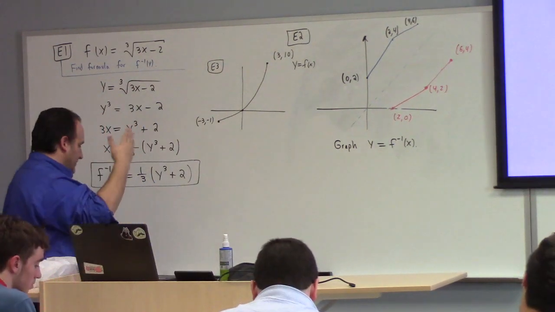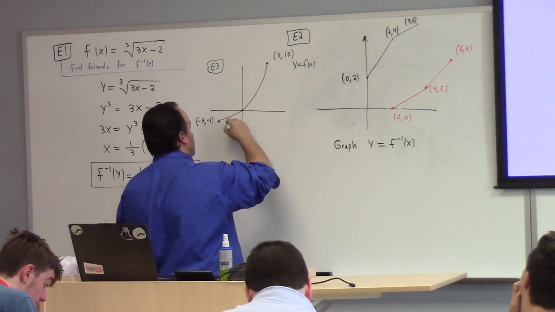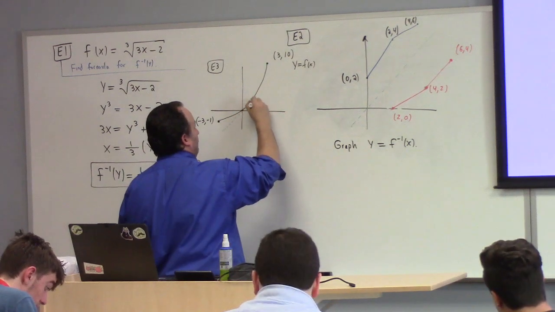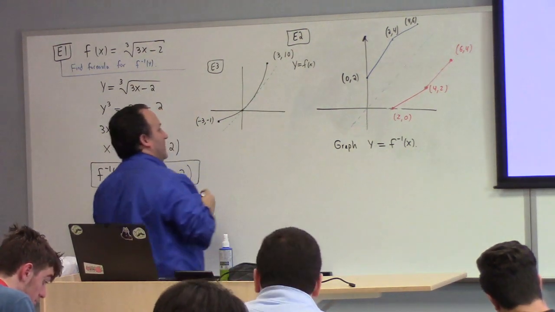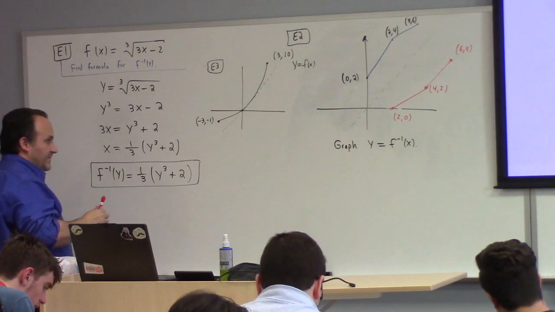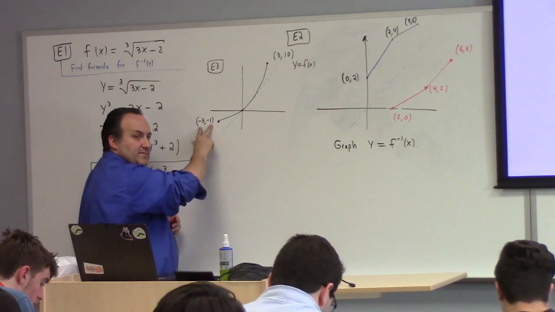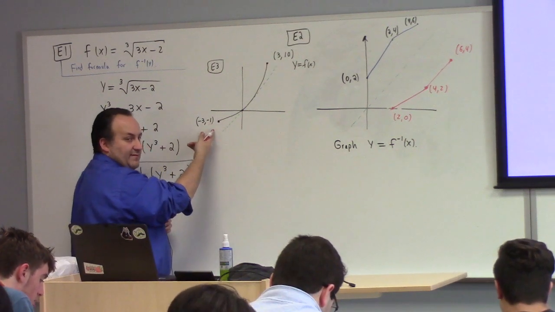So remember, it has to be the reflection of the graph across the line y equals x, wherever that is. I'm not sure that's actually it, but roughly speaking. And what we can for sure hang our hat on, so to speak, is just taking these points and flipping them over. That will be on the graph of the inverse.